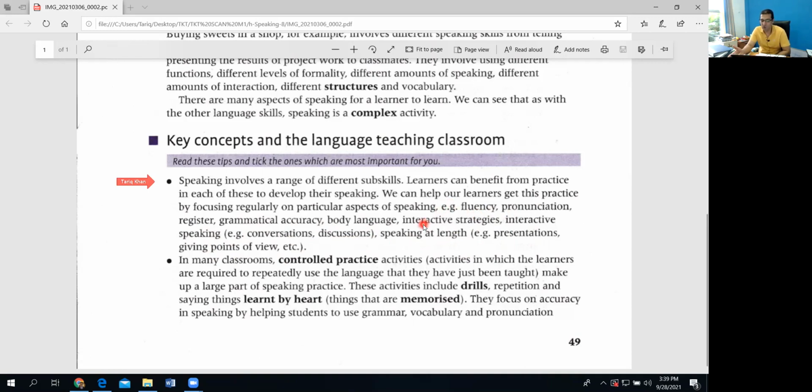There is no one thing, so you need to make a list of it in order to keep it in mind, and then see what types of activities there are to practice these.